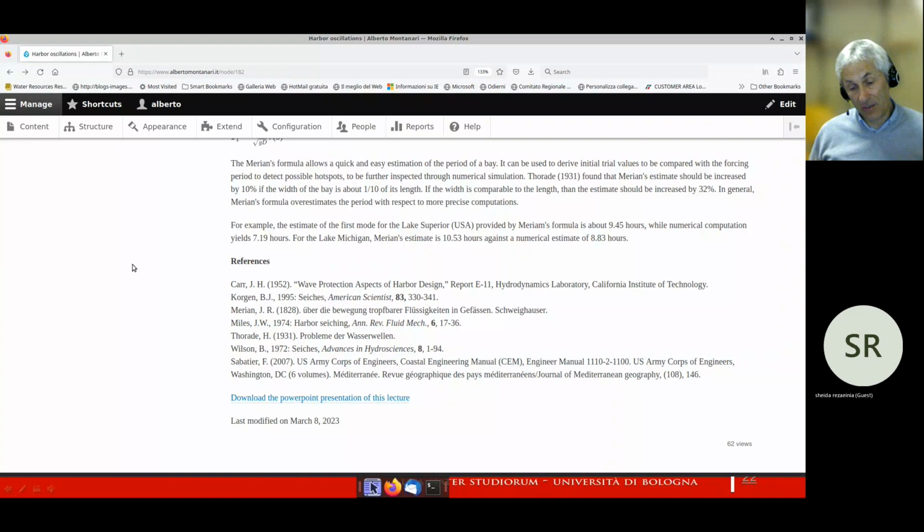And we may get at the end of the story also a resonance between the standing wave period and the ship's natural oscillation period, which complicates the situation even more. So we have to be concerned in large harbors, and when the tonnage of the ship becomes important, because of course we have fewer problems if only small ships are moored.